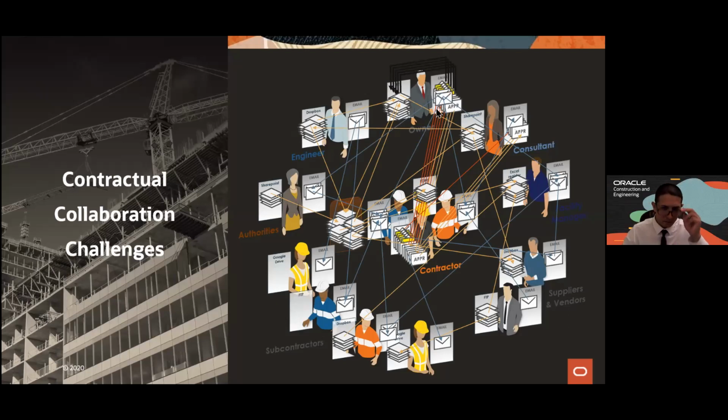The email is split into a couple of emails, and when the owner receives them, he has to combine that information and maybe upload it into Dropbox or OneDrive so that you can have the complete information in a single repository.